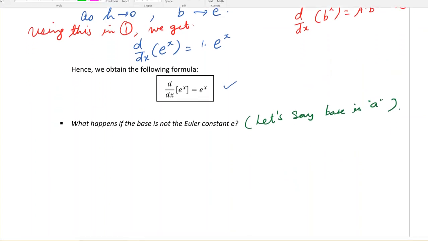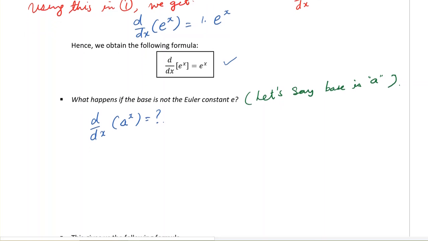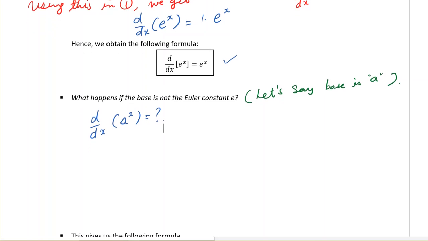We will try to figure out the derivative of a raised to power x. So we will start with the derivative of a raised to power x.